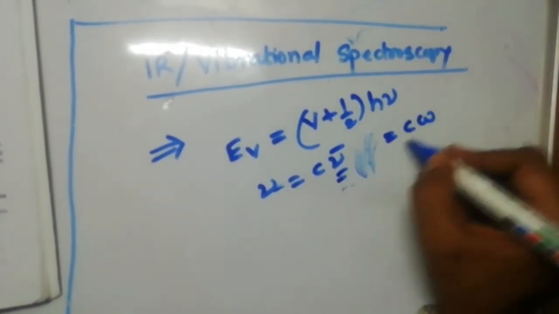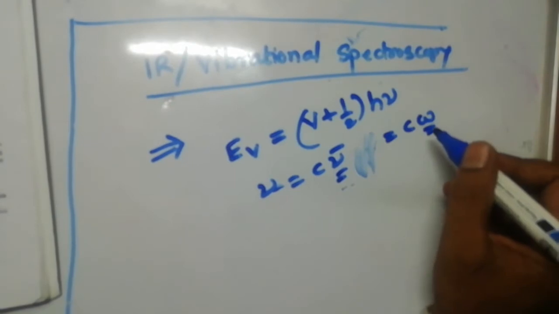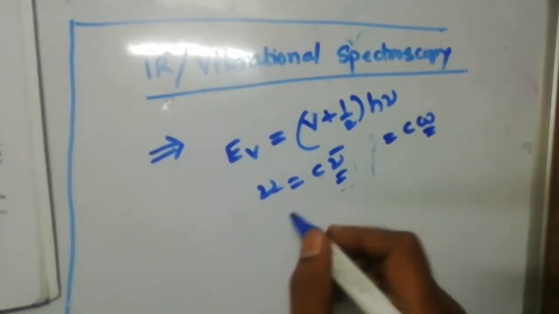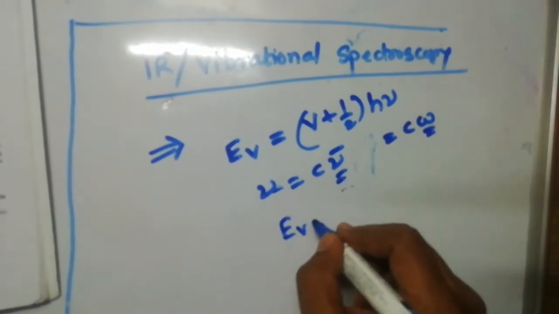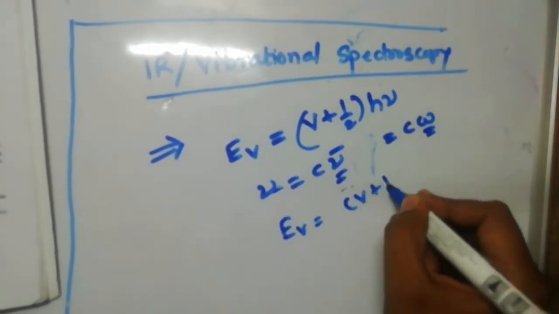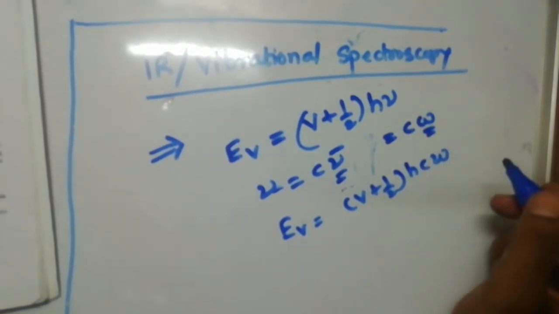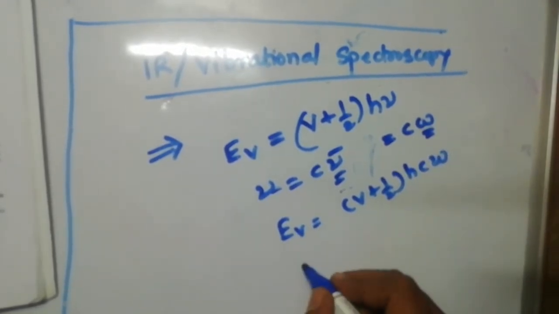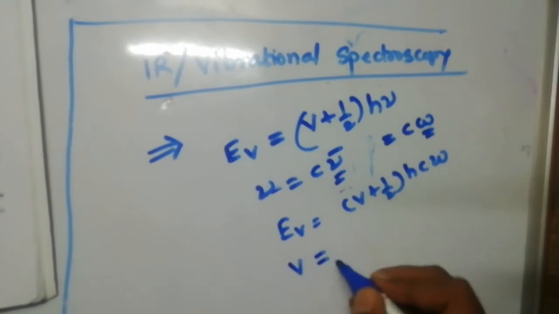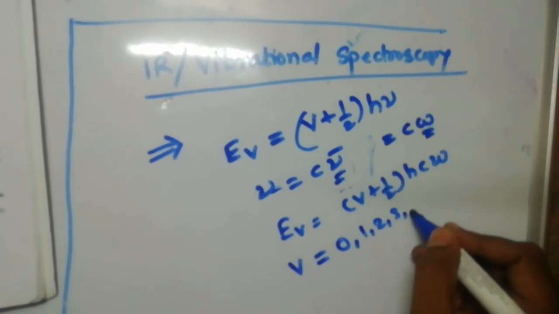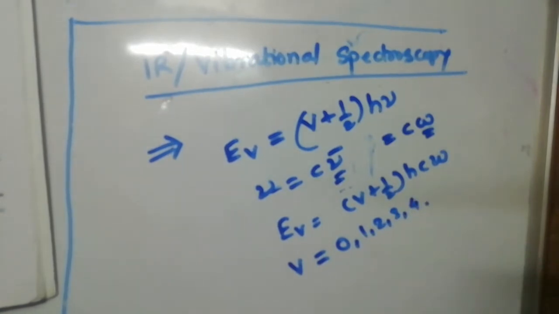So omega and nu bar, these are essentially the symbols for the wave number. Now your equation becomes E_v equal to (v plus half) h c omega. Now what is v here? v is called a vibrational quantum number, and it can have the value 0, 1, 2, 3, 4, etc.